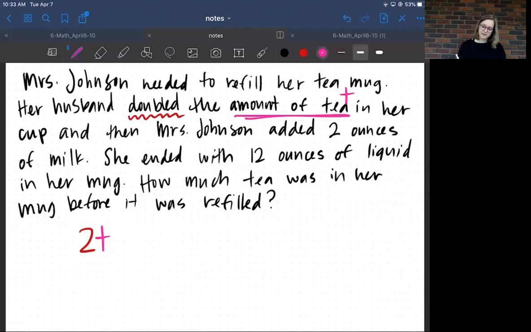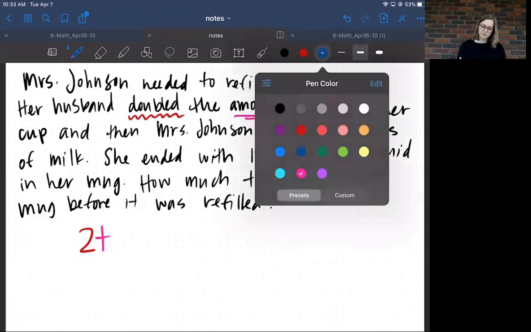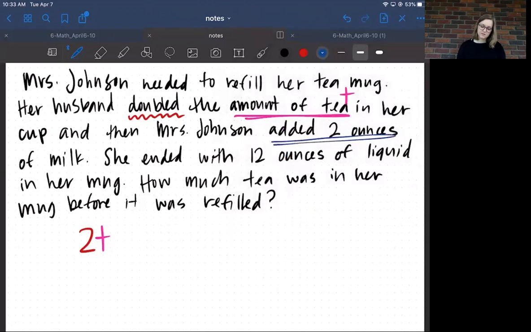So after that, since I added 2 ounces of milk, that word added, I know, means that I need to add 2. After I doubled the amount of tea, then I added 2 more ounces of milk. When that was all finished, all of that gave me 12 ounces of liquid, okay?